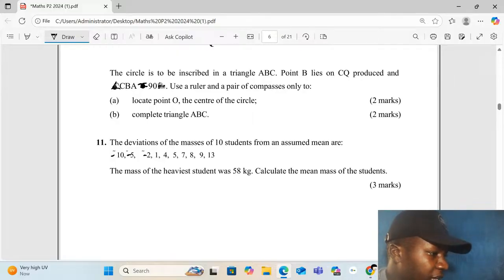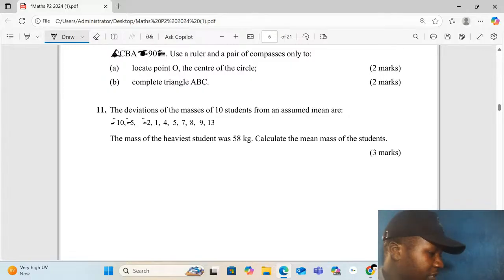The mass of the heaviest student was 58 kilograms. Now calculate the mean mass of the students. The mass of the heaviest student was 58. Now this is the deviation for 10 students, as you can see: 1, 2, 3, 4, 5, 6, 7, 8, 9, 10.